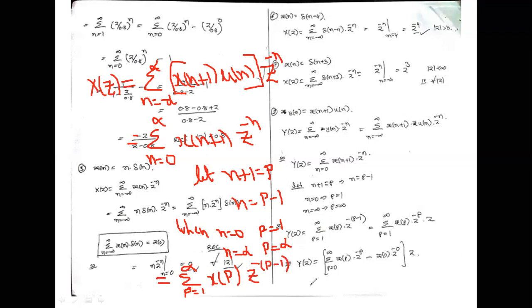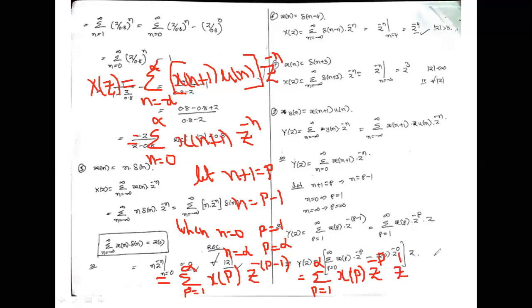This is equal to the sum from p is equal to 1 to infinity of x of p z power minus p, and z power minus of minus 1 is z.